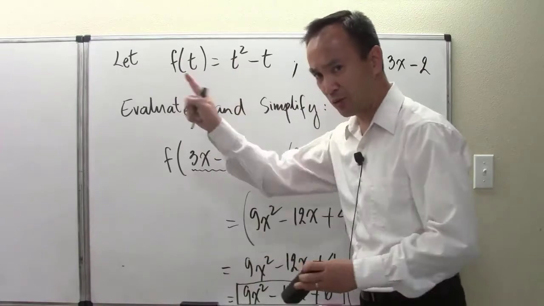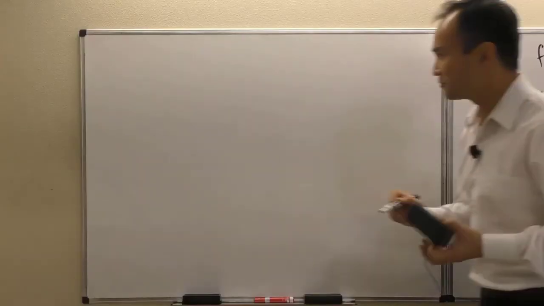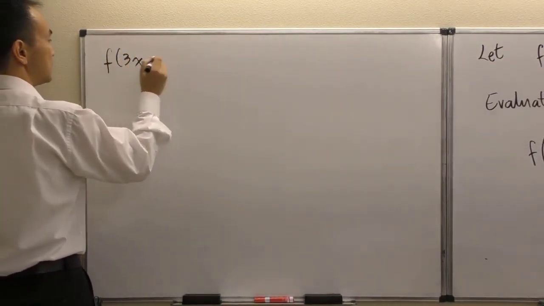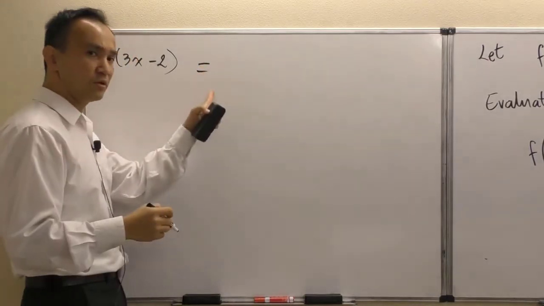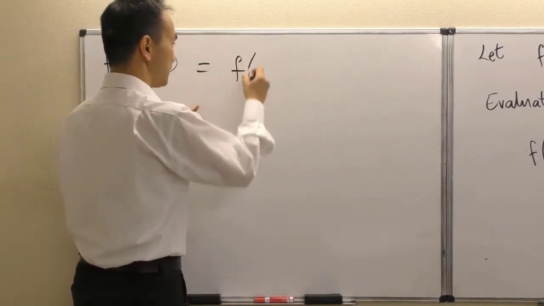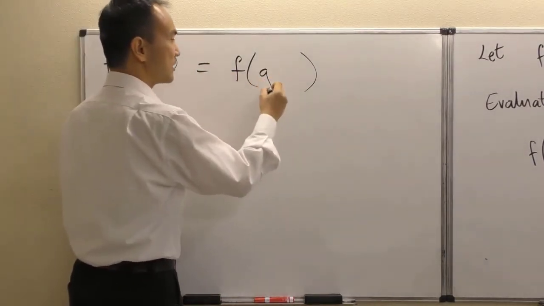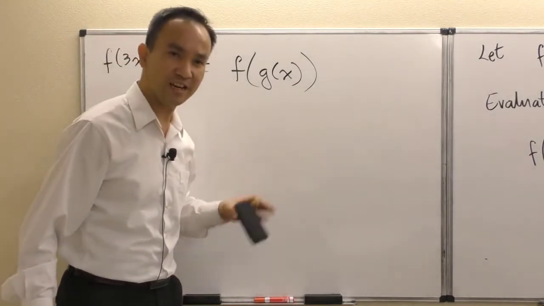Now allow me to quickly swing to the other board space right there. So that means this f of 3x minus 2 legally equals f of, but now instead of calling that 3x minus 2, there's even a shorter name for it: f of g of x.